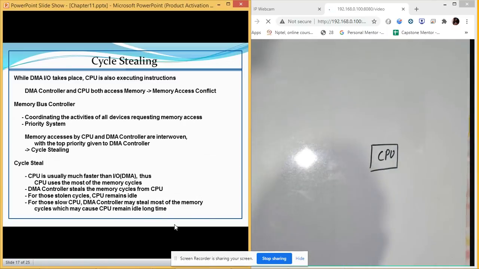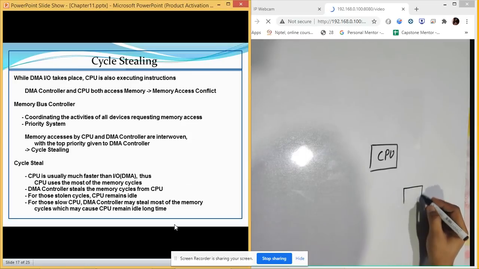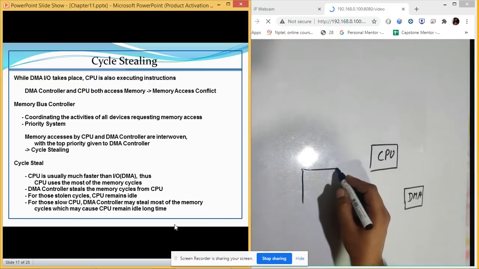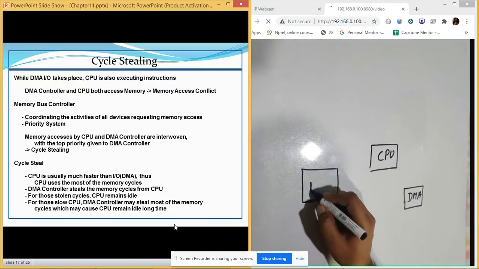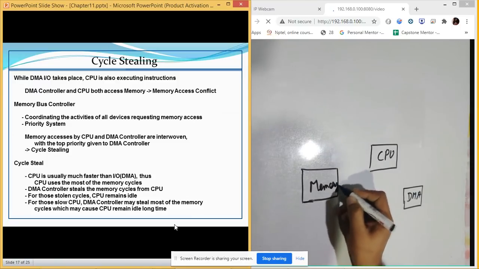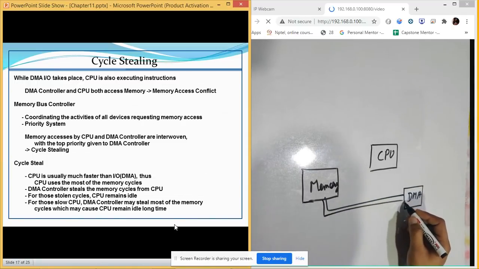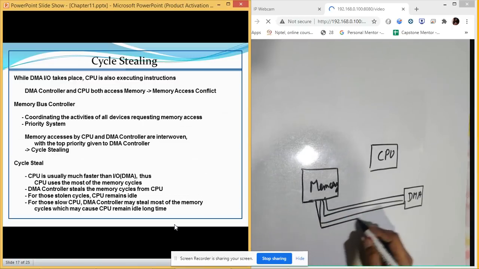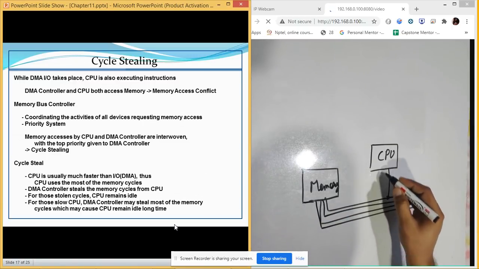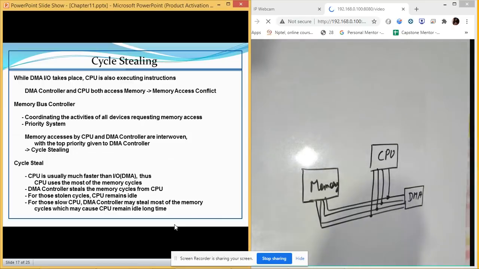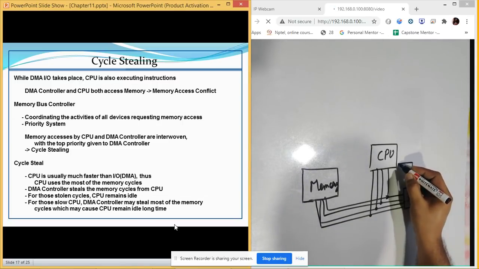We have a CPU, we have a DMA, we have a single memory, and both the DMA and CPU access this memory.